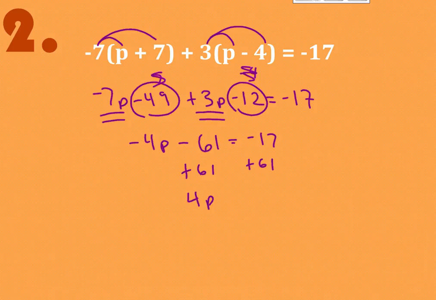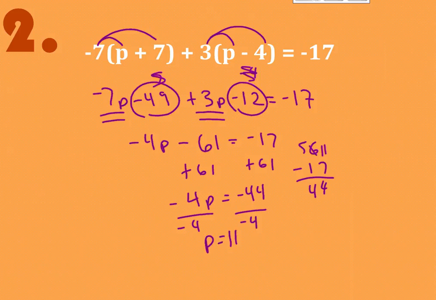So I'm left with negative 4p. This is going to be like 61 minus 17, except it's going to be a negative. So when I divide by negative 4, this actually becomes positive 11. So positive 11 is my answer.